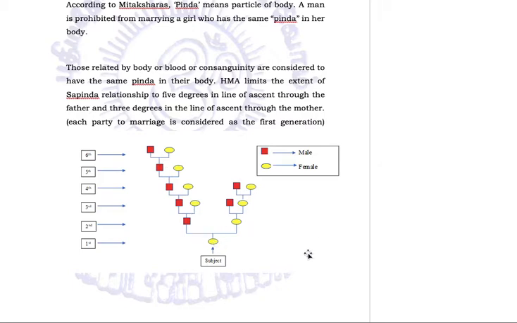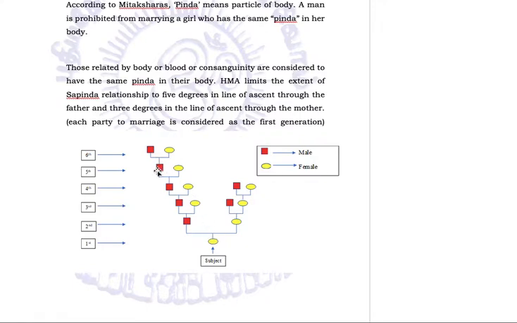Now suppose she wants to marry a boy, and his father's line somehow clashes with her line. Ultimately, four generations above, they have one ancestor in common.